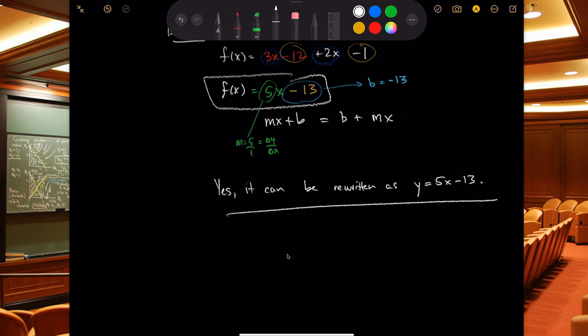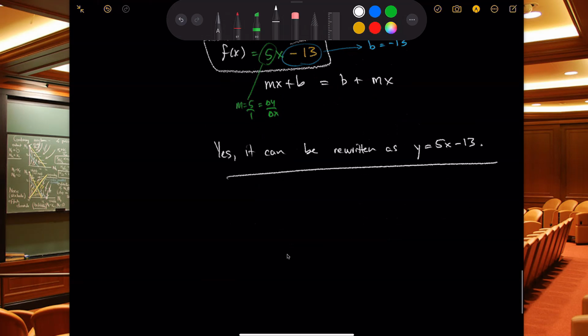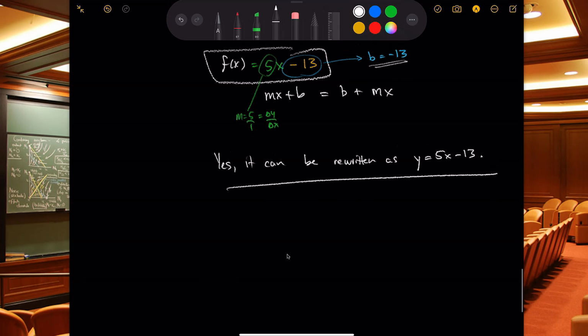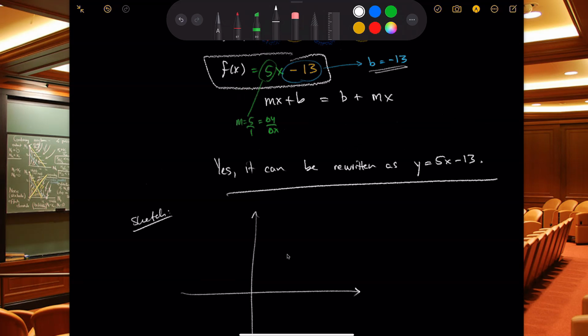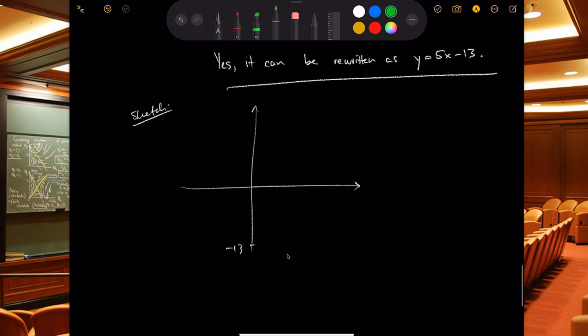How does this look on the graph? Again, we're going to get more into the graphing later, but if the vertical intercept is negative 13, that means we're down here somewhere at negative 13. The slope is a positive 5 over 1. So it means I go up 5 over 1, up 5 over 1. So negative 13 up 5 is negative 8, 1. So the next point I just generated using the slope is 1, negative 8.